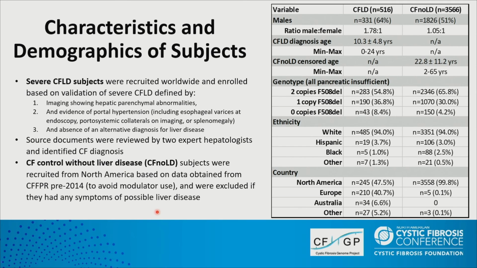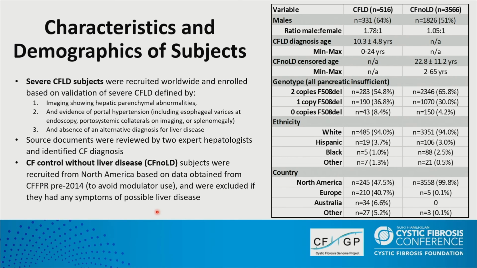Obviously, we wanted them to have definitive, objective evidence of portal hypertension, including esophageal varices, et cetera, and these primary data were all reviewed by 2 expert hepatologists, Simon Ling and Peter Dury, before his death. And, of course, there was no explanation for the liver disease outside of CF.